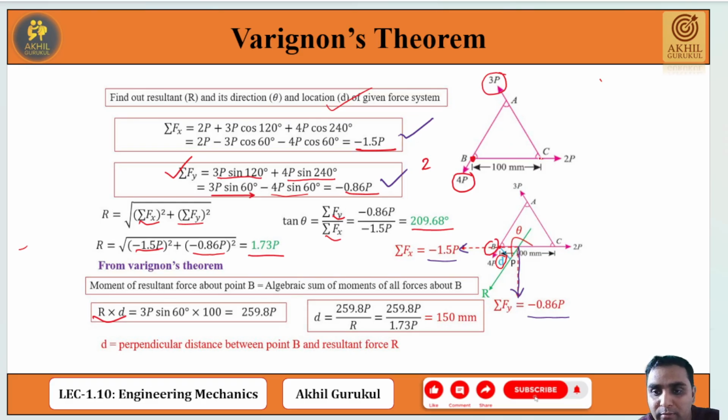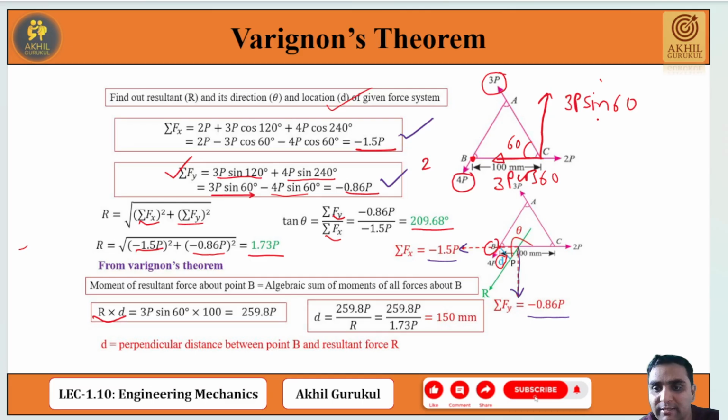One component is 3p sin 60. The other component is 3p cos 60.